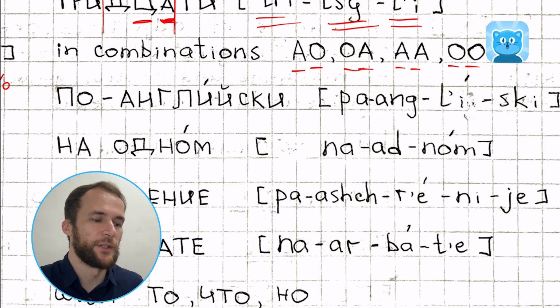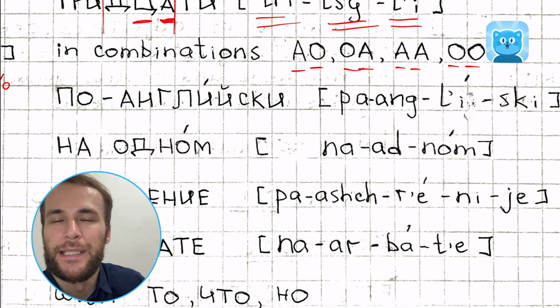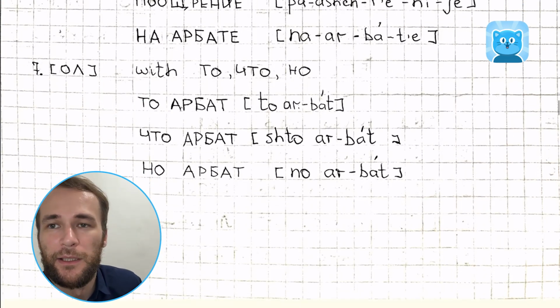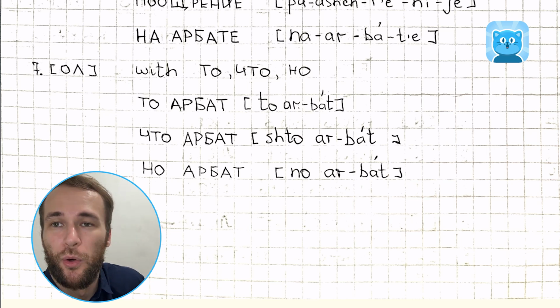So with these combinations, a and o, they sound like 60%. But with other words, three words, they will sound like a full o and 60%.